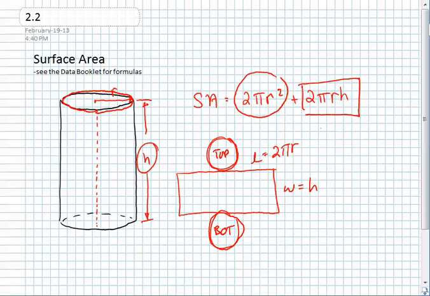So the length times the width is 2 pi r times h, in other words 2 pi r h. All of those surface area formulas you can break down that way, and I would encourage you to do that where you can. I won't focus on that a whole lot in this lesson, but we discussed it last year in grade 9 already.